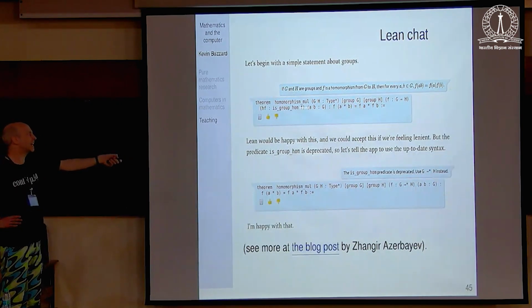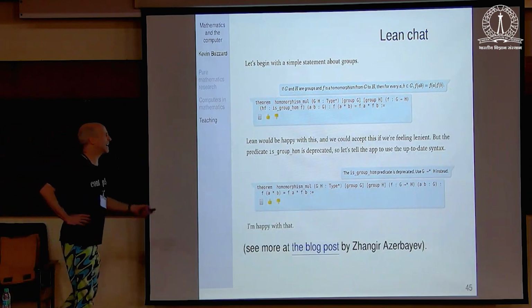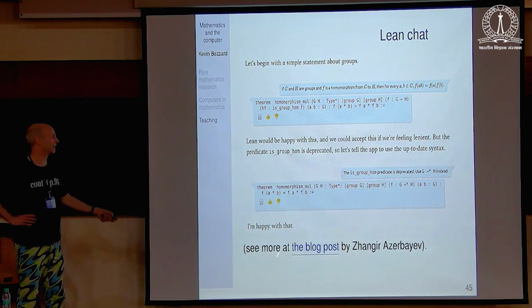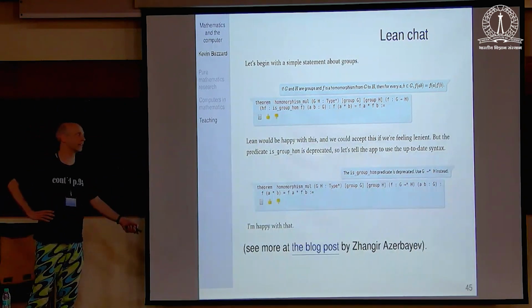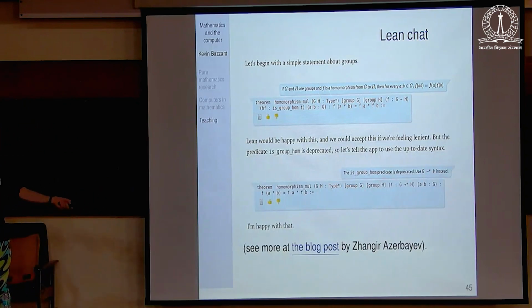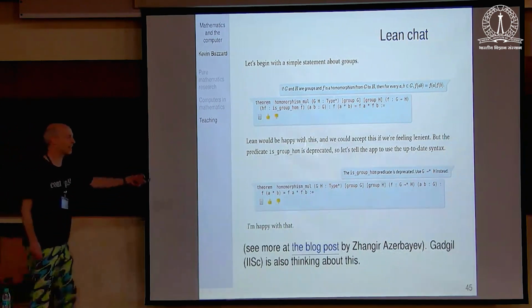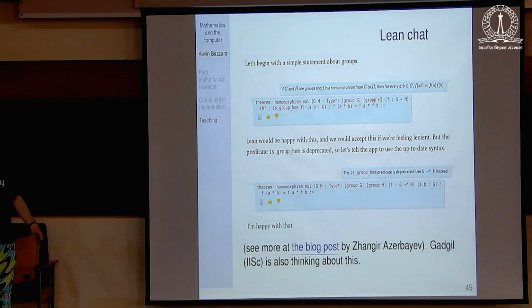You type that in, and the computer attempts to translate that into Lean. And it works. And so there's Zhangir Azerbayev. He's an undergraduate at Yale. He made that system. And Gadgil is also, somewhere else in the world where this sort of thing is happening, translating mathematics into Lean. Here, Siddhartha is doing that stuff.